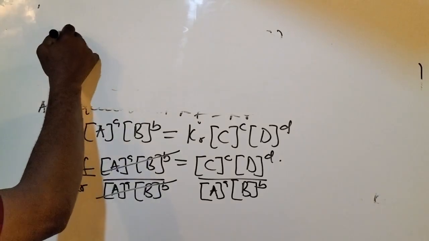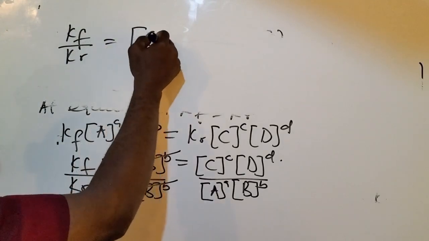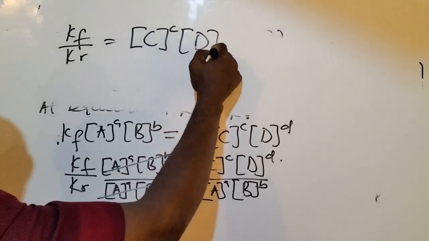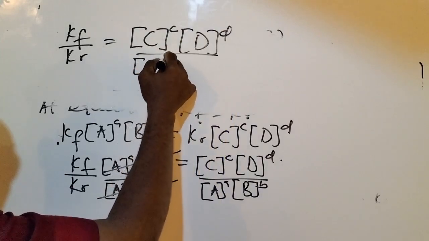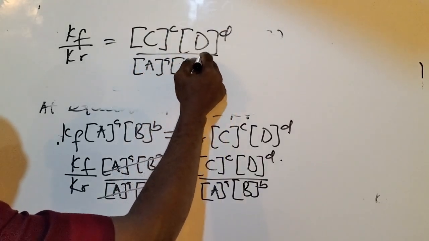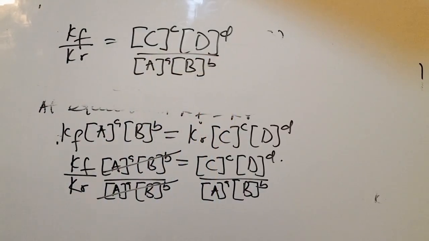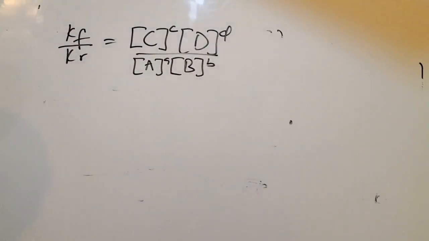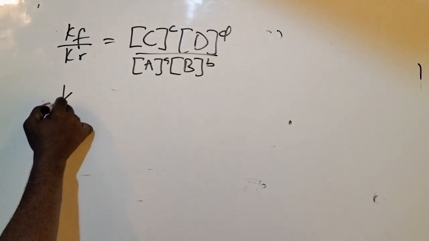Kf over Kr equals the concentration of C to the power c, then D to the power d, all over the concentration of A to the power small a multiplied by B to the power small b. I know that at equilibrium, we can replace the ratio of the rate constant of the forward to the backward with the equilibrium constant, which is our Kc.